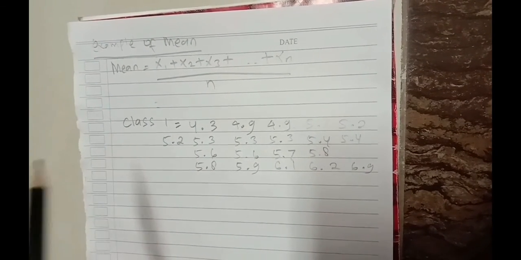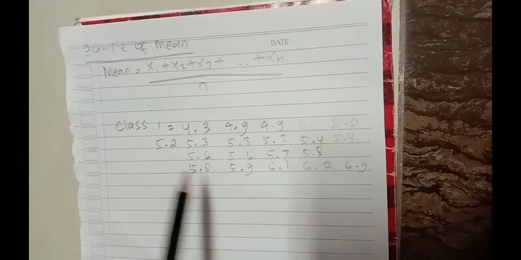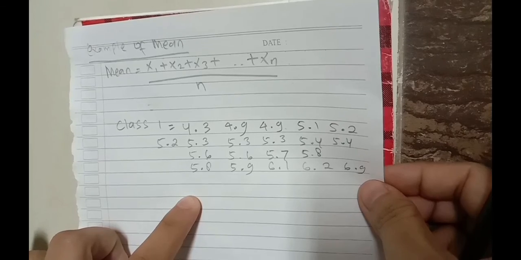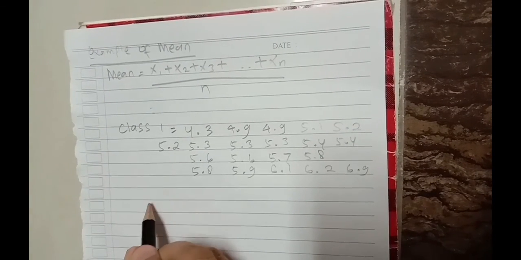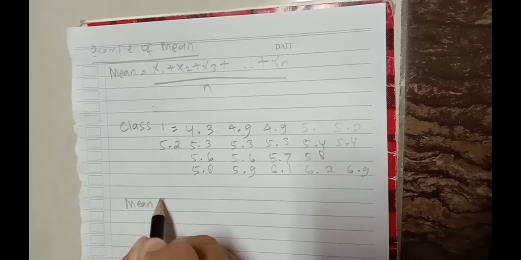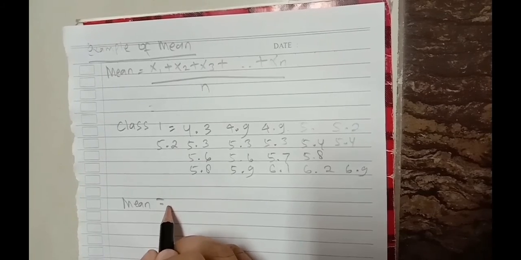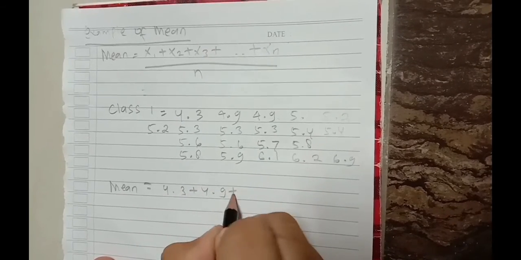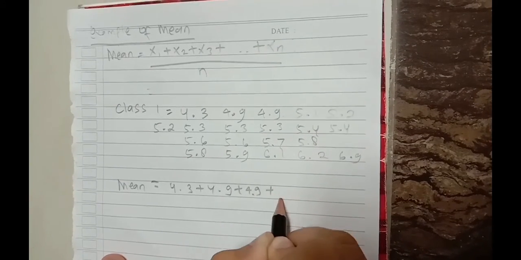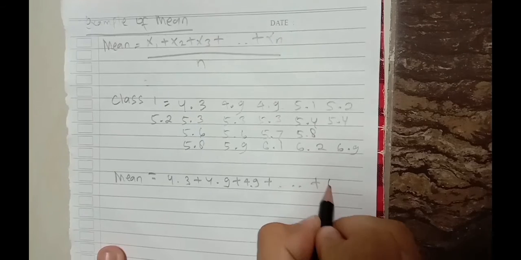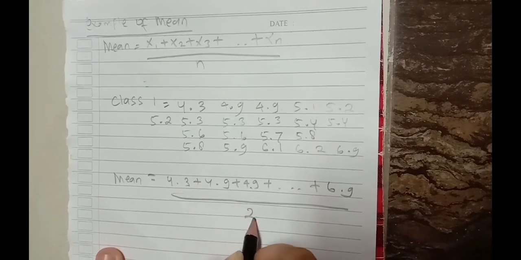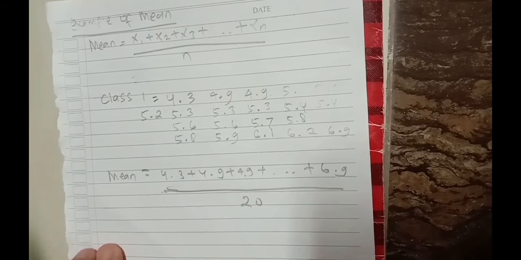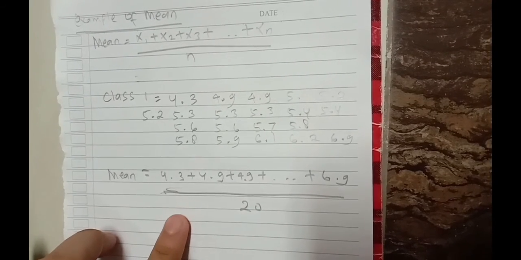And for the example I put from class 1. You can see there are 20 numbers, so you must put all of the numbers in here, all the numbers divided by 20.